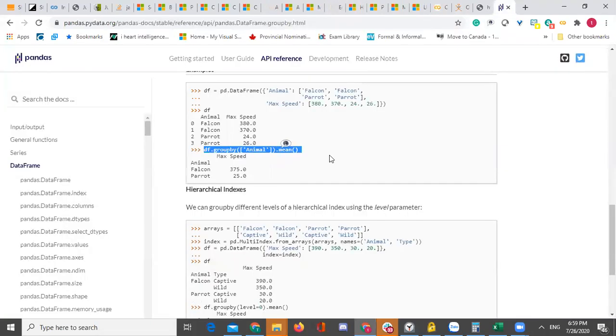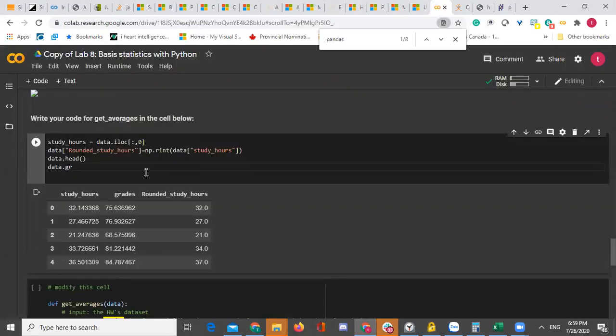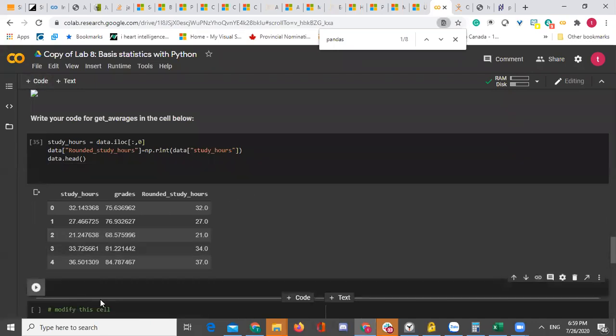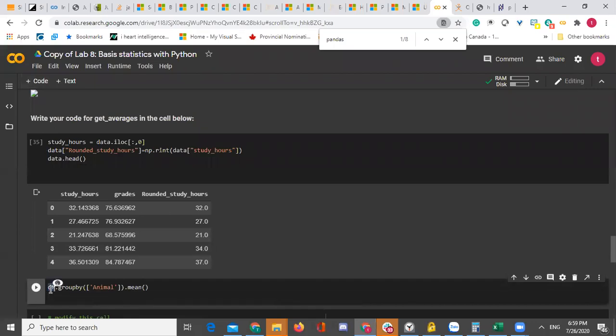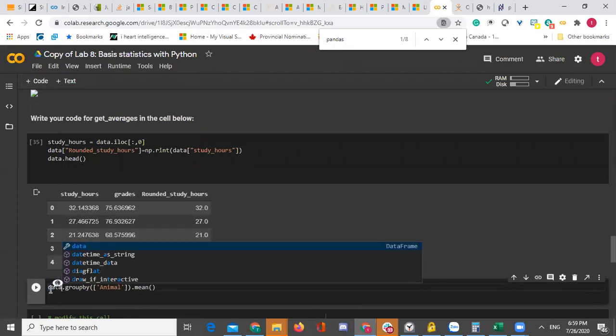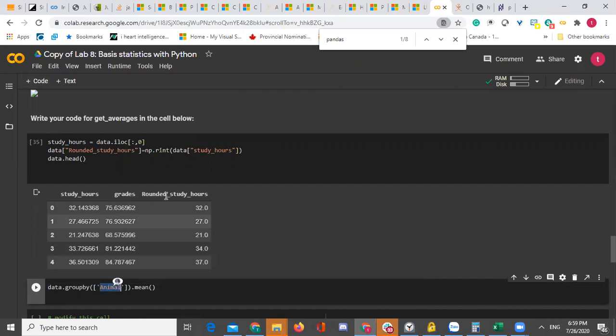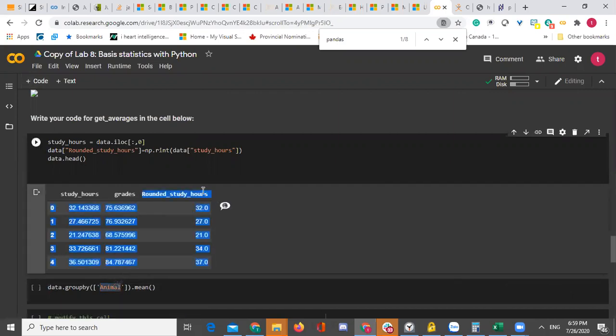Oh yes, that's a good idea. So pandas group by. Group by round.